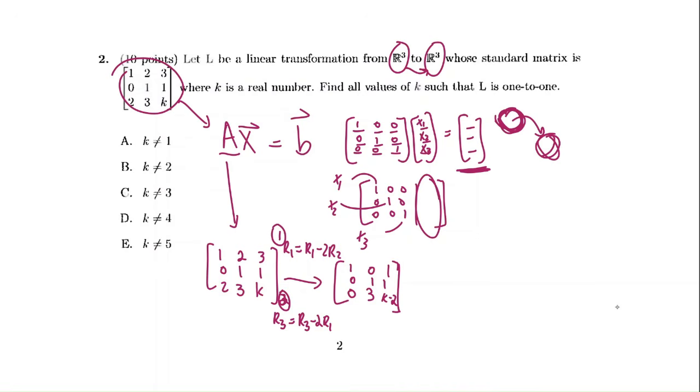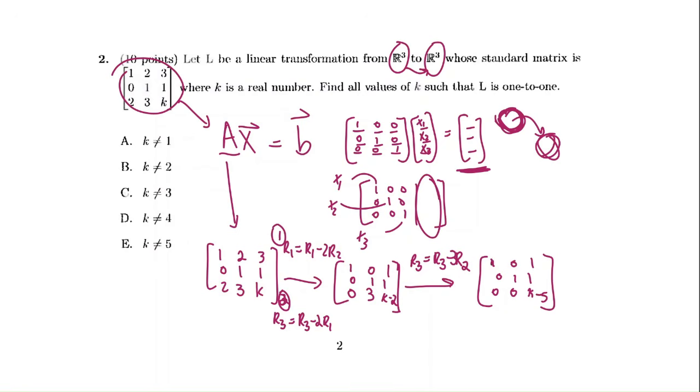Okay, so then from here we can do row 3 equals row 3 minus 3 row 2. And this will give us 0, 0, and then k minus 5.